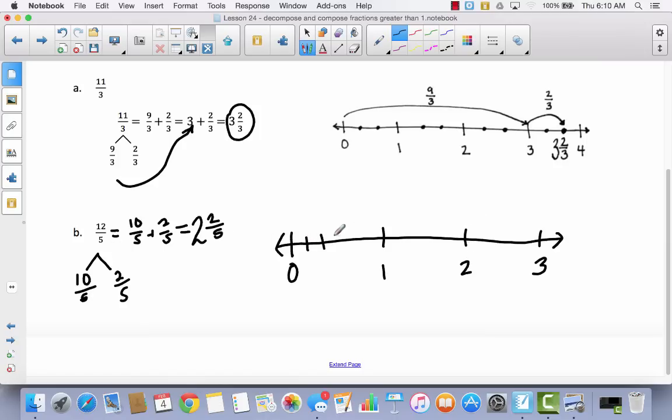So I'm going to draw 4 lines, or I could have just done the 4 little dots like they did, but I'll just draw 4 lines. Okay, so now I have fifths. If I have 10/5, that means I come from here to here. This is 10/5, and then I have 2/5 more. That puts me at 2 2/5.